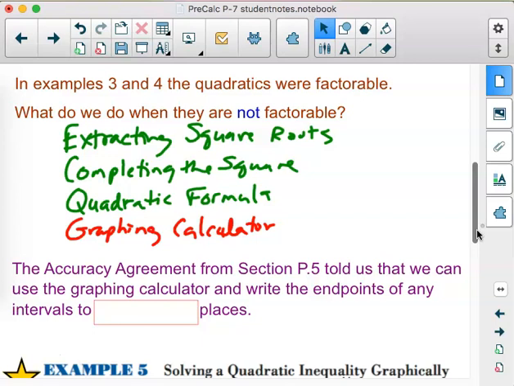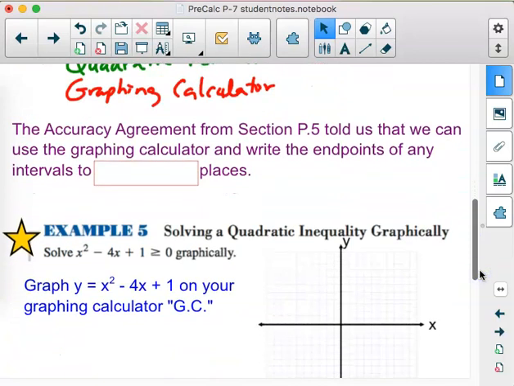Because again, something like completing the square might be a long process and you need to know this answer quickly. So remember, we had what was called an accuracy agreement from section P-5, and that told us we're going to use the graphing calculator. We're always going to use our decimals rounded to 3 decimal places.